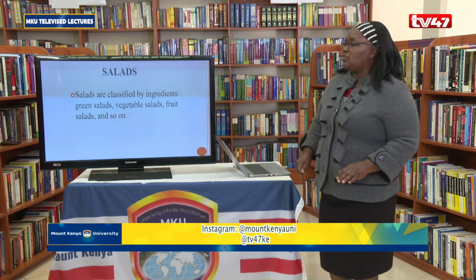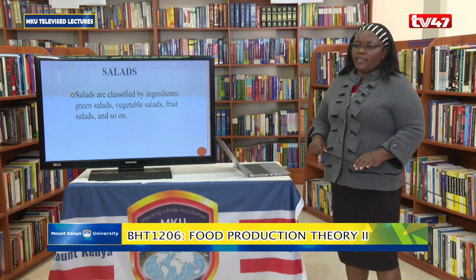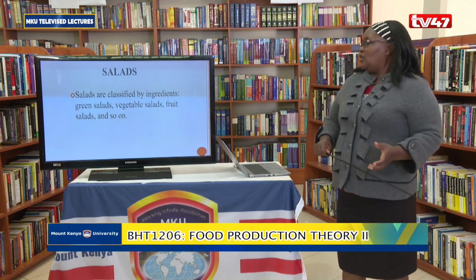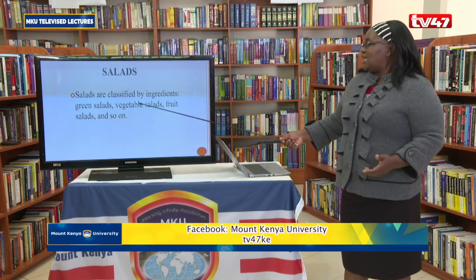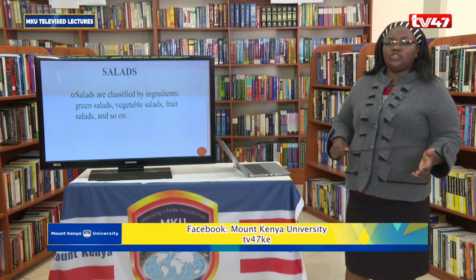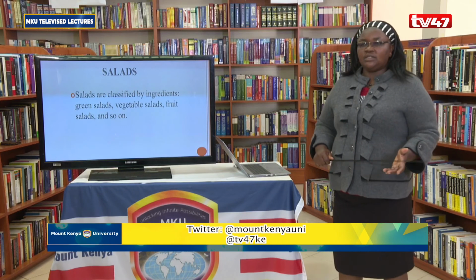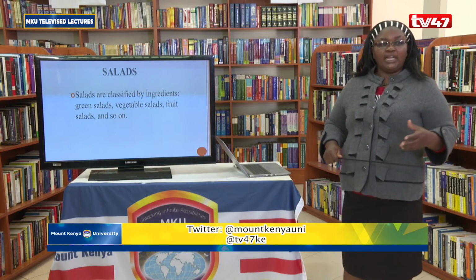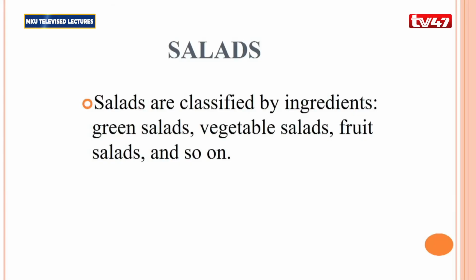So now let's move on to our salads, so that we are able to understand what we are talking about. Salads are usually classified into green salads, vegetable salads, fruit salads, and so on. Depending on the ingredients you're going to use, you can categorize them. If you're using fruits, that will be a fruit salad.